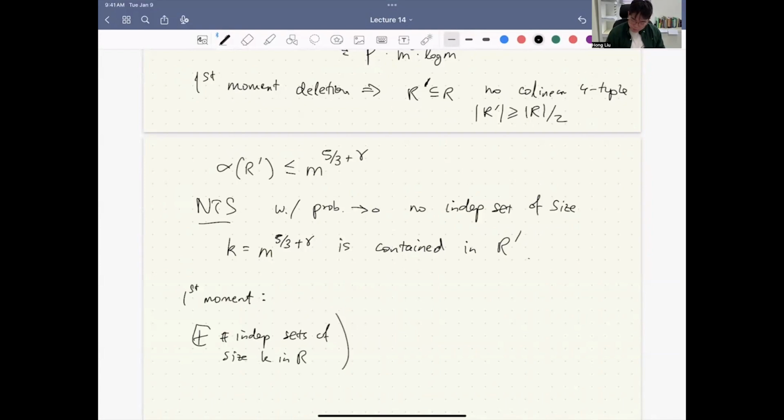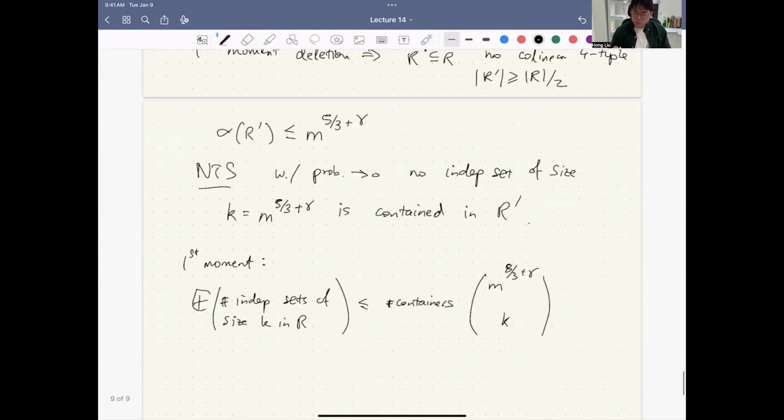in R is what? At most the number of containers, and each container has size m to the 8/3 plus gamma, choose k. This is the total number of size k independent sets, right?